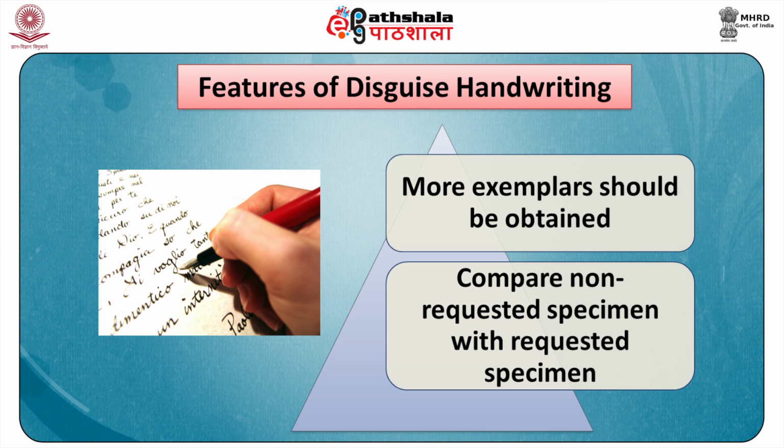It should also be seen that if the exemplars are disguised, the more exemplars you obtain, the greater the chances are that some of the writings will contain some of the normal characteristics of the writer. One of the best things an investigator can do when taking exemplars is to have some non-requested specimen of the person to compare with the requested specimens.